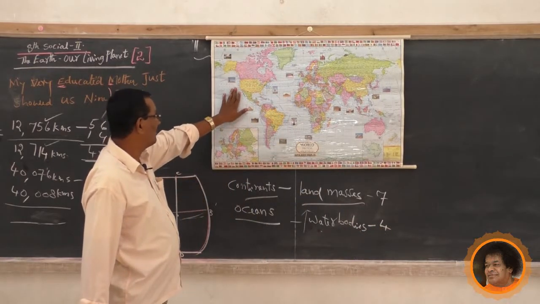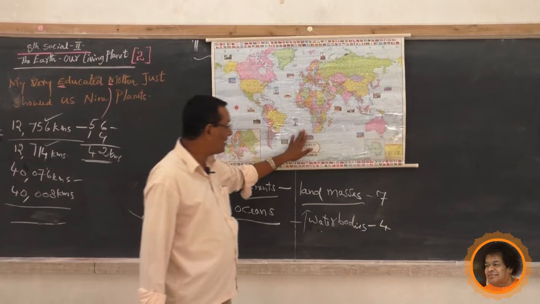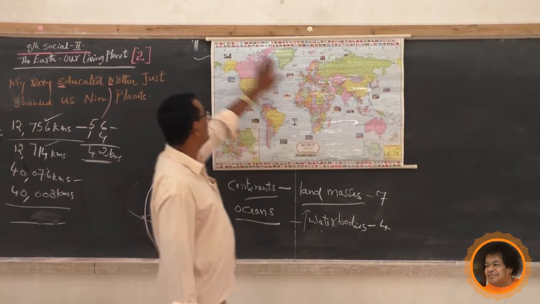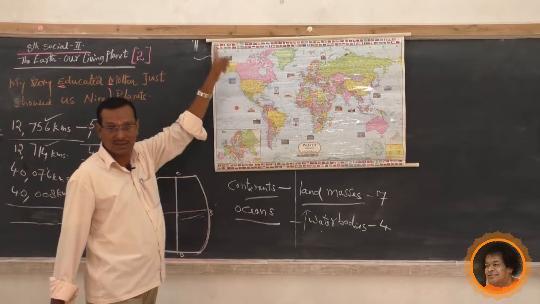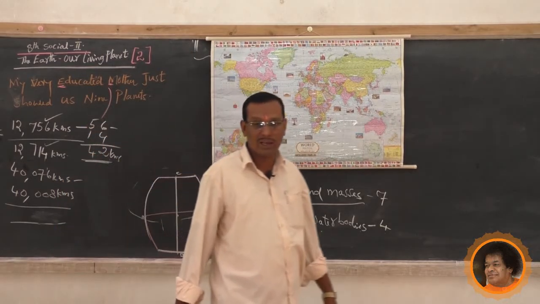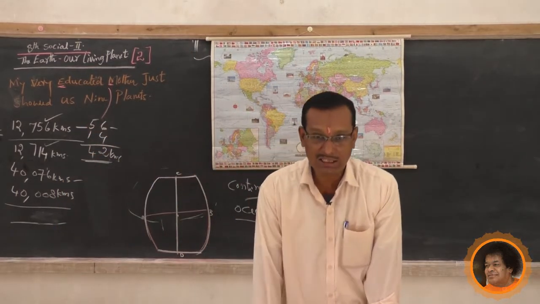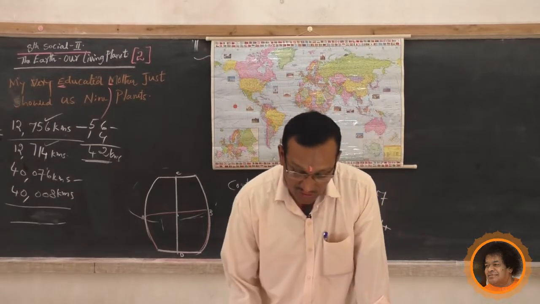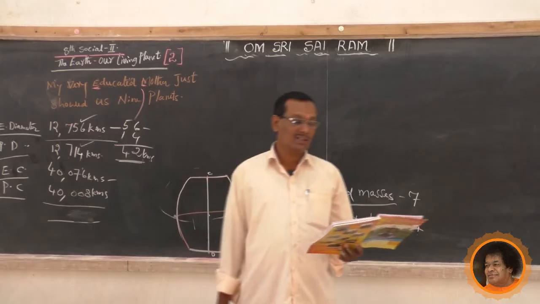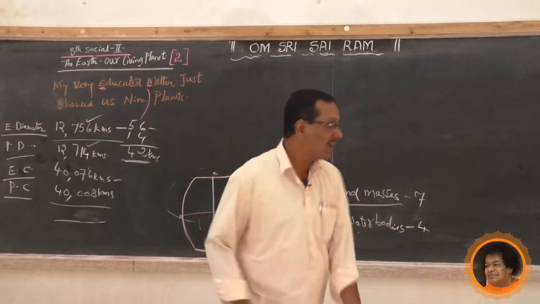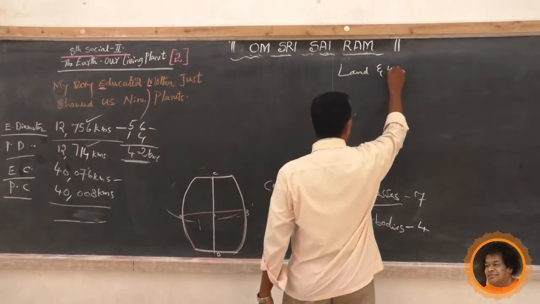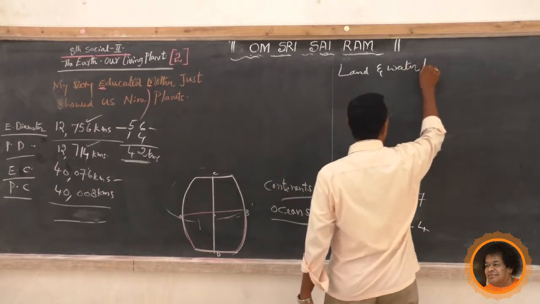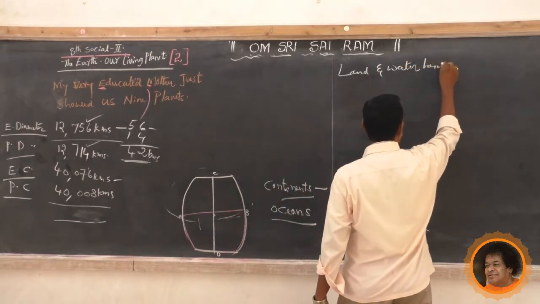They are the Pacific Ocean, Atlantic Ocean, Indian Ocean and Arctic Ocean. These are the 4 major water bodies or oceans of the world. Now, land and water hemisphere.